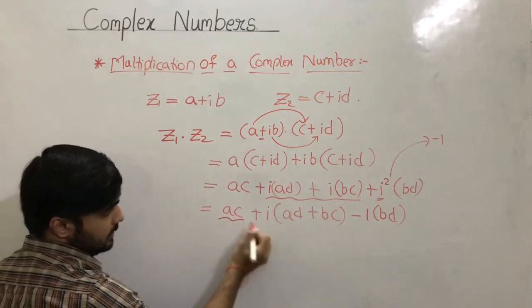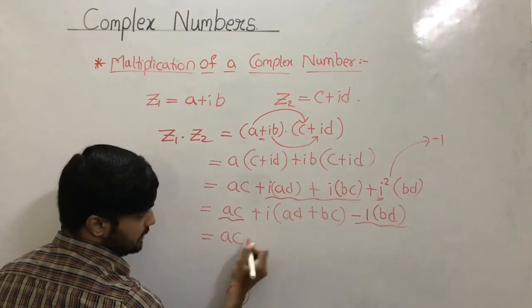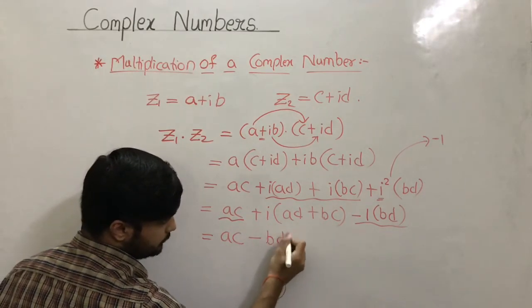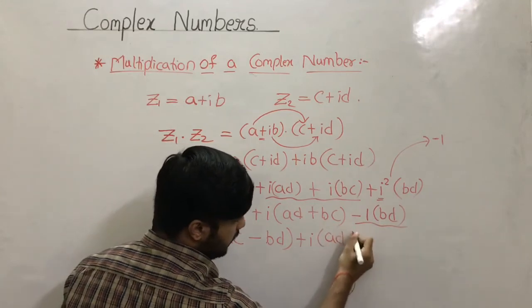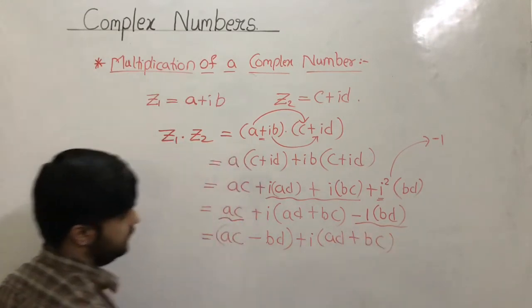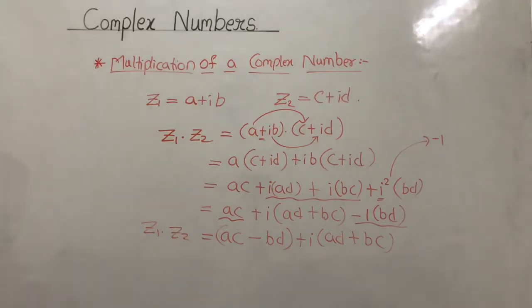Now we can write real part and real part together, so we'll get ac minus bd plus i times (ad plus bc), which is nothing but multiplication of two complex numbers.